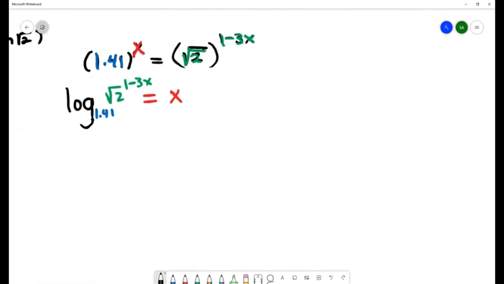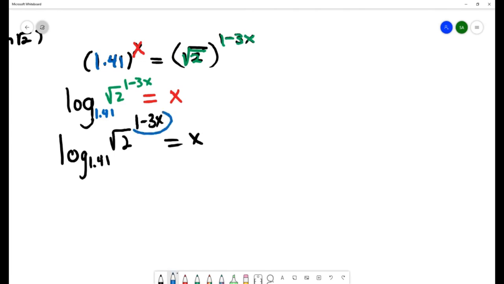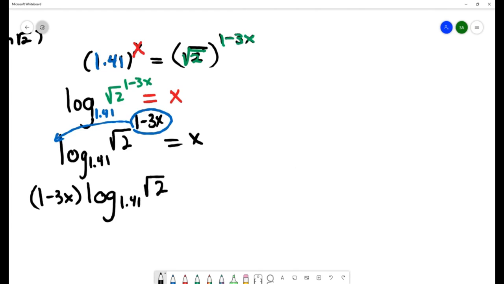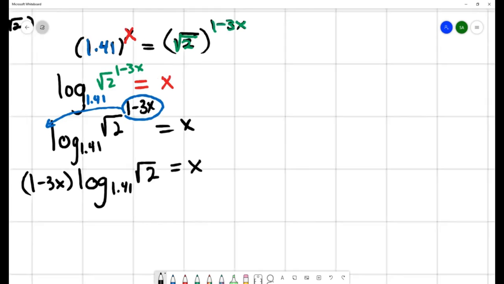So let's write this without all the colors. It's log with a base of 1.41, square root of 2 to the 1 minus 3x equals x. I'm going to use the power rule to move this out of the exponent. That's 1 minus 3x times log base 1.41 of square root of 2 equals x.